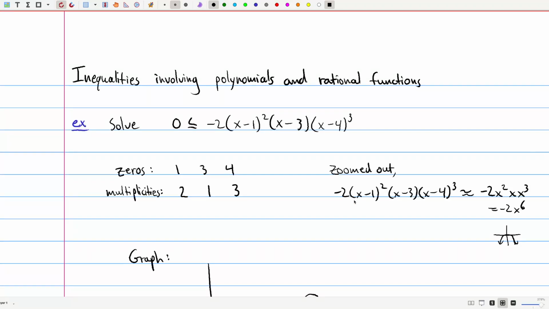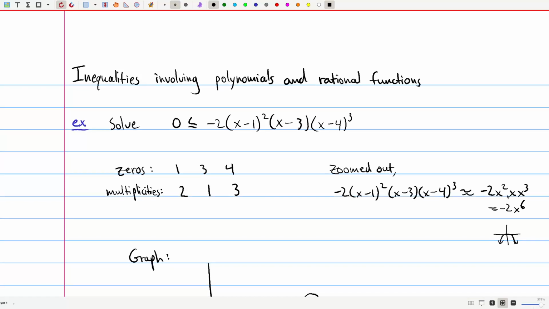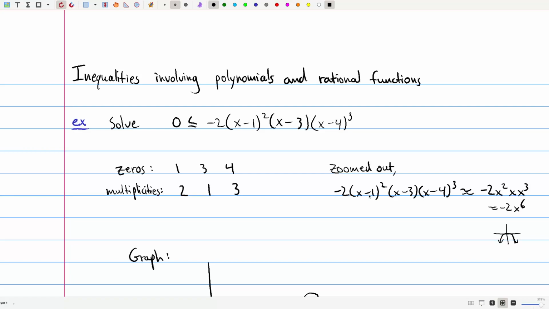For very large x, the 1, 3, and 4 are insignificant, so we can approximate each of these factors by simply x, and that gives us minus 2 times x squared times x cubed, which is minus 2x to the 6. X to the 6 is sort of like a parabola, and minus 2 makes it a flipped upside down parabola. So now we know when x is very large, this is what the graph will look like, roughly.